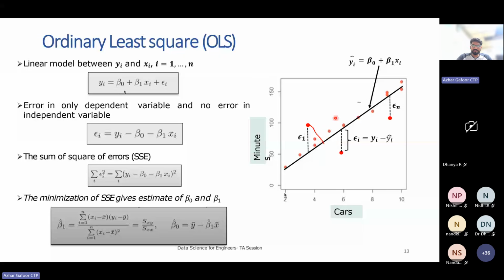Once we have the errors for all the points, we want to minimize this sum of squares of errors. The minimization of the sum of squares of errors gives the estimate of beta naught and beta 1. So here is the equation for that, beta 1 and beta naught.